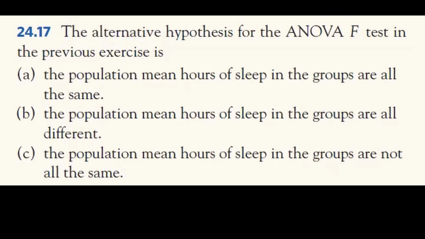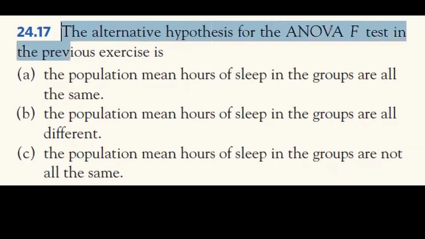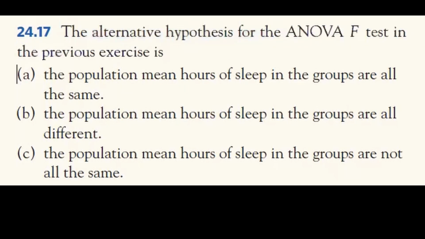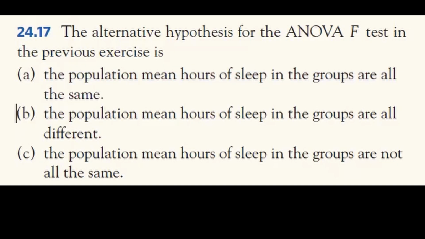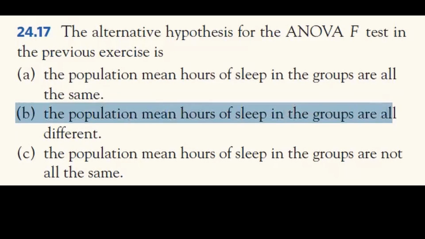And if you think about that question, the alternative hypothesis for this ANOVA would be the population mean hours of sleep in the groups are all the same. Would that be the alternative hypothesis? That sounds like the null hypothesis to me, right? The null is like everything's the same. The population mean hours of sleep in the groups are all different.